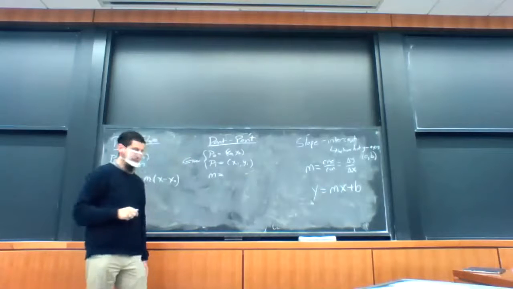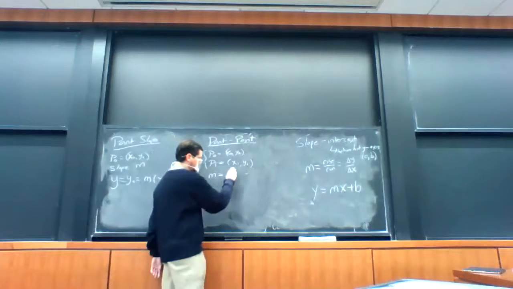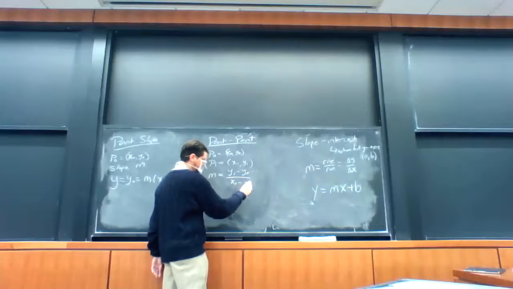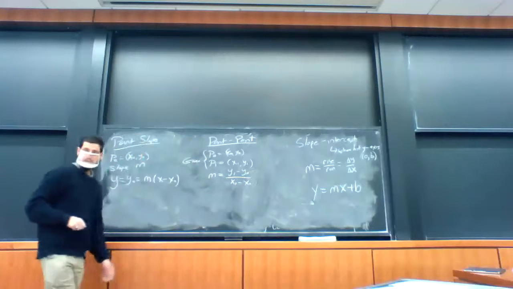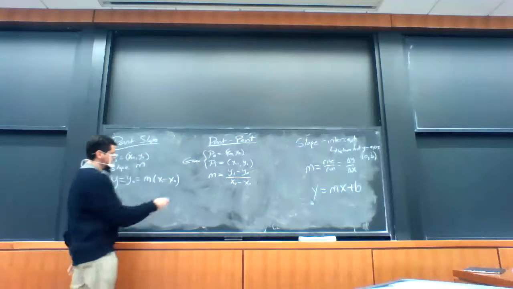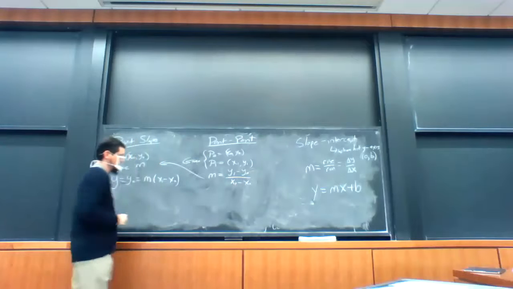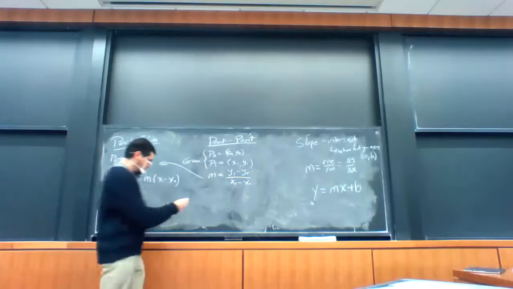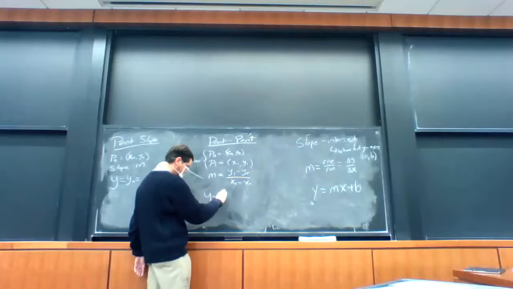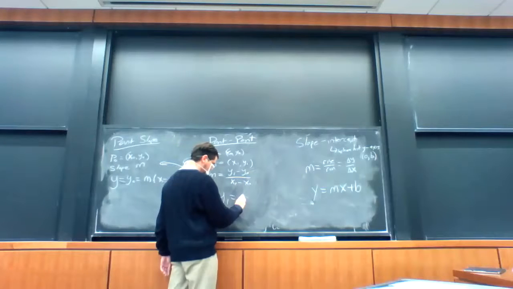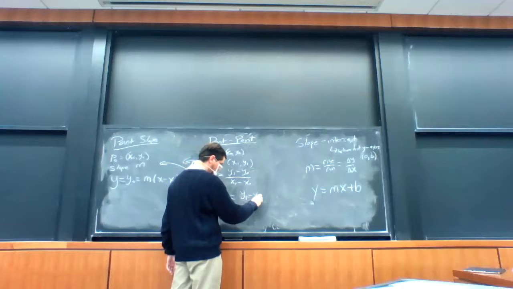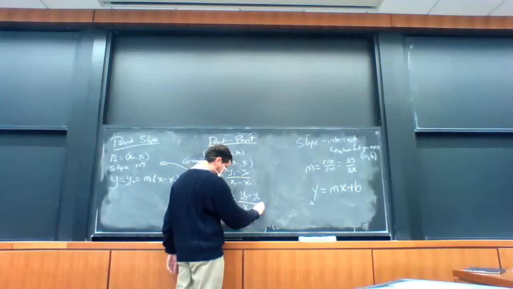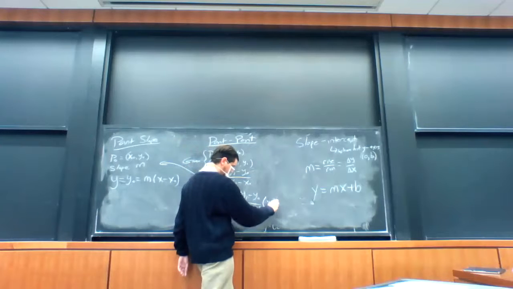I like to calculate m as y1 minus y0 over x1 minus x0, and then you can just use point slope. Or you could write it down the long way: y minus y1 is equal to (y1 minus y0) over (x1 minus x0), times (x minus x0).